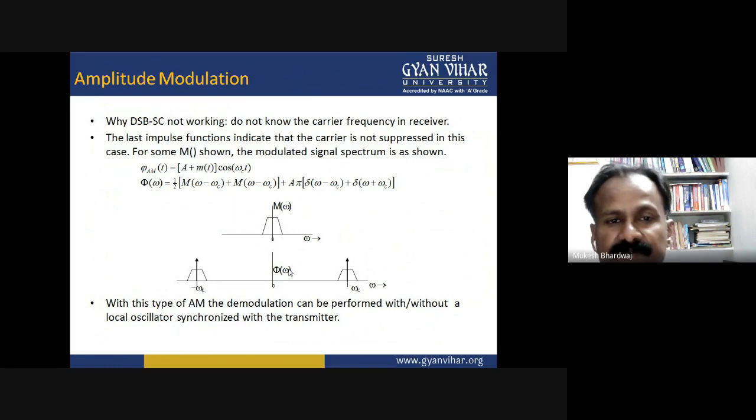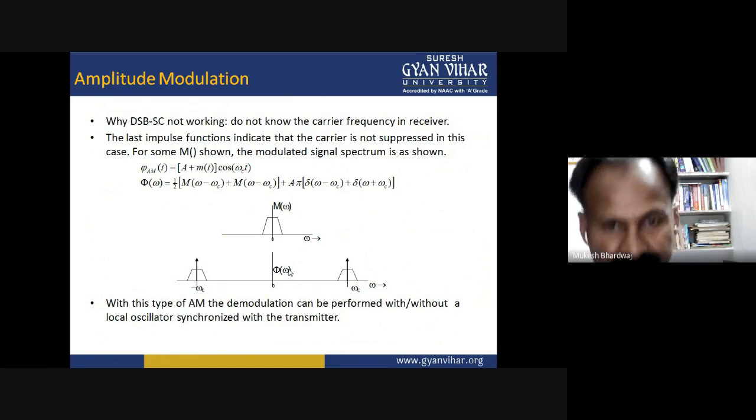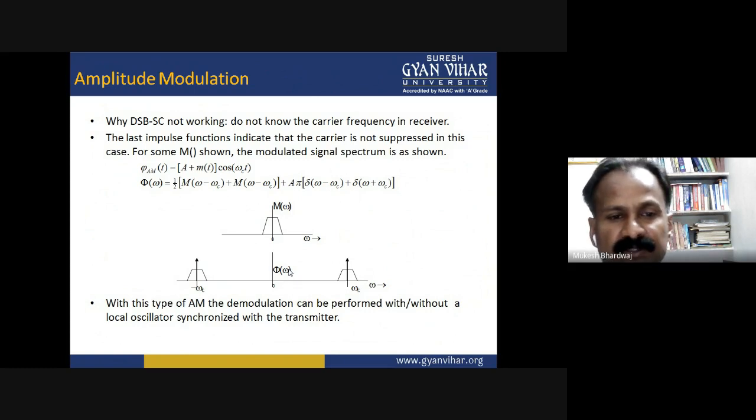In this case, the modulated signal spectrum is shown. phi(t) equals [A plus m(t)] cos omega_c t, and this is the equation of the amplitude modulation wave. With this type of amplitude modulation, the demodulation can be performed with or without local oscillators synchronized with the transmitter.